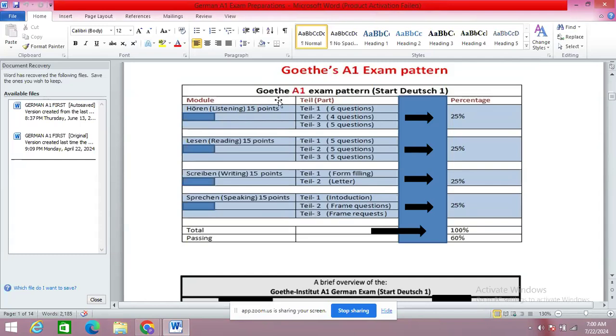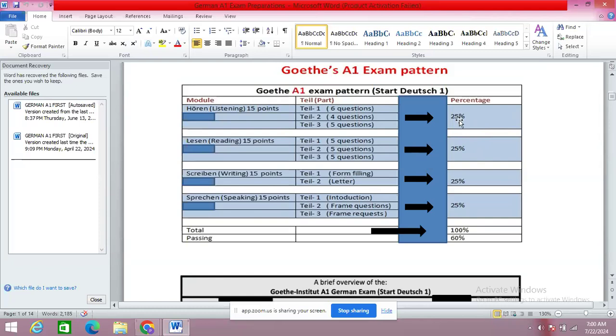Now each module, each section, Hören section, Lesen section, Schreiben section, and Sprechen section, each section contains 25 percent weightage. We need to get passing marks in all the four sections. Sometimes students ask what if we are not able to clear the Hören but we are able to clear all the three of them.